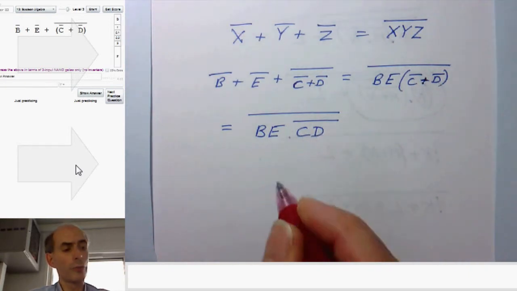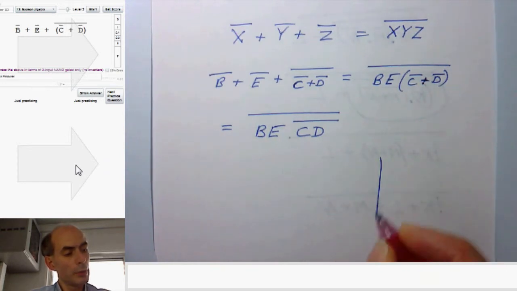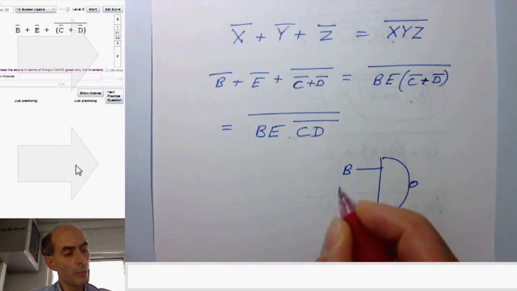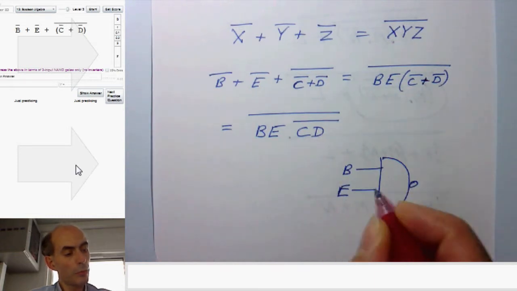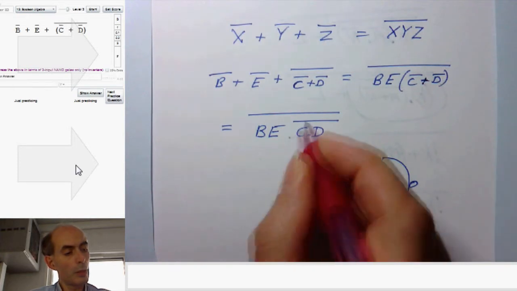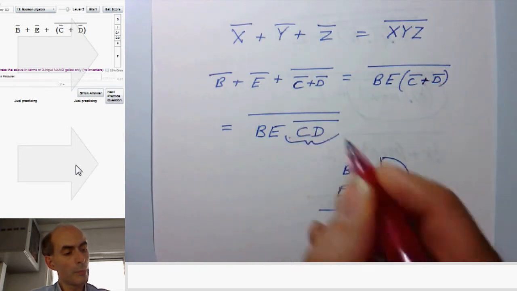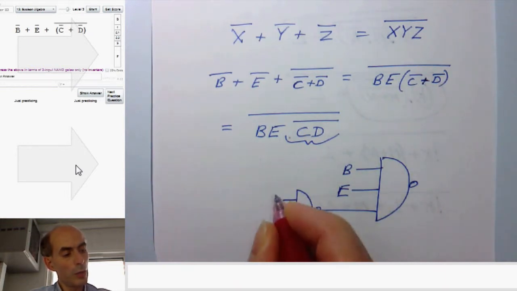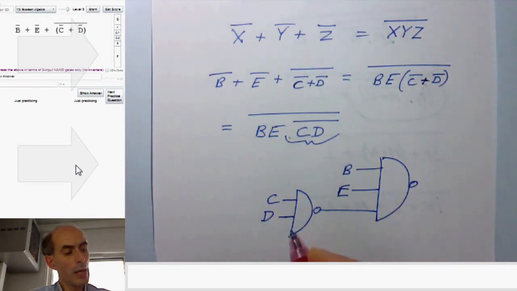If I was to draw this out as a circuit, I would have a NAND gate here with b into one input, e into another input, and the third input would be this term here, and that is the output of an AND gate with c going in one terminal, d going in the other, and, well, I'm only allowed 3 input NAND gates, so I need to have another input there.